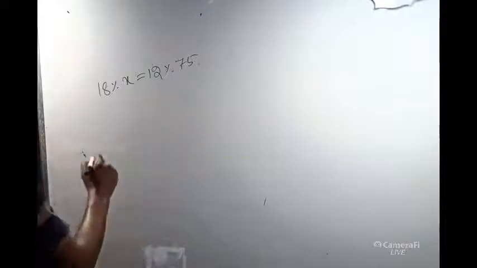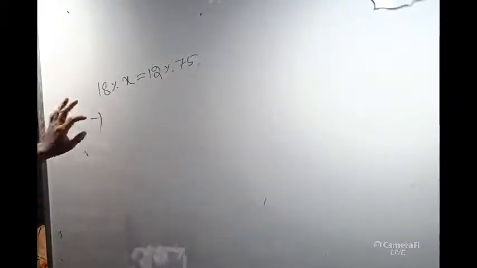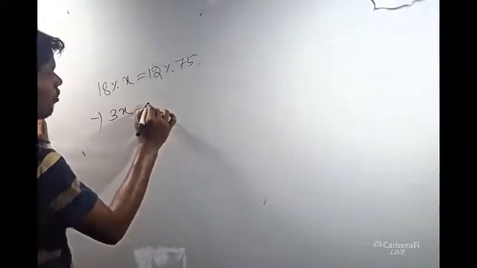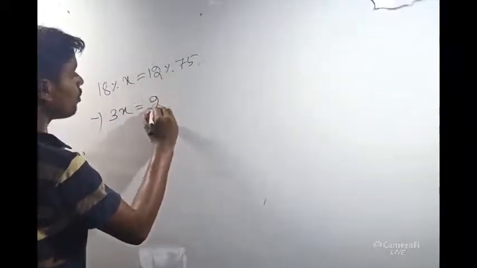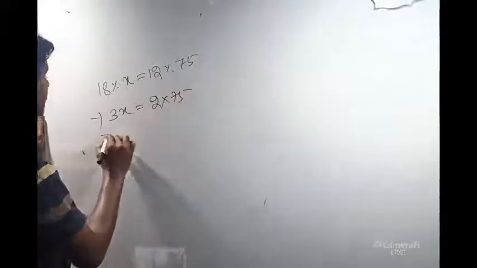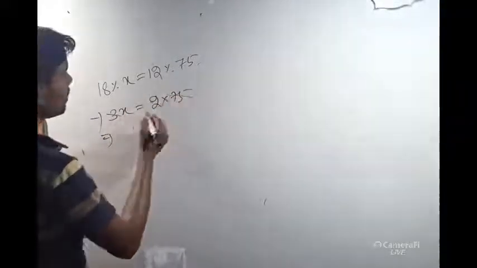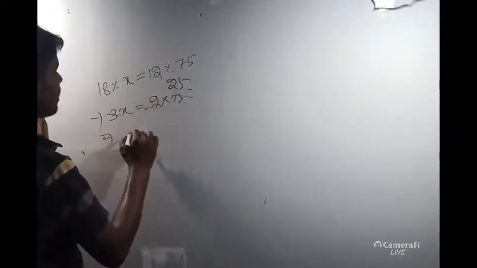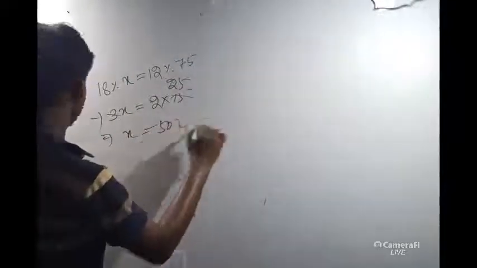The answer is 50. Then 8x equals 12 into 75, so 2x equals 3 into 75, and this is cancelled with 25. Then x equals 50.